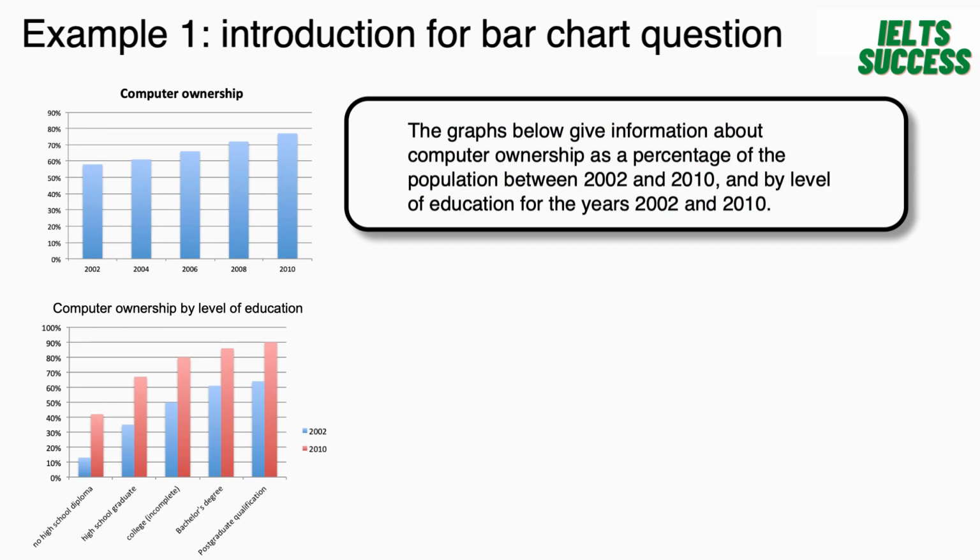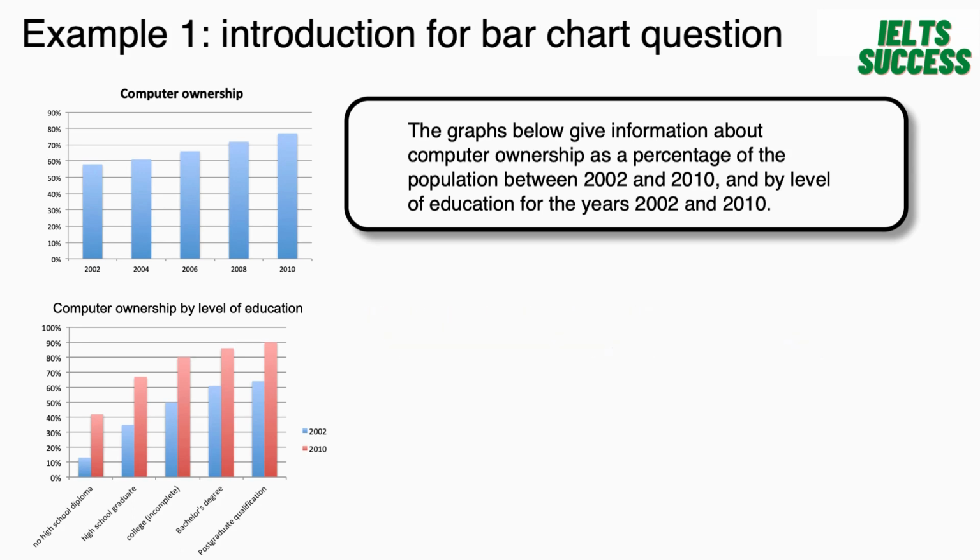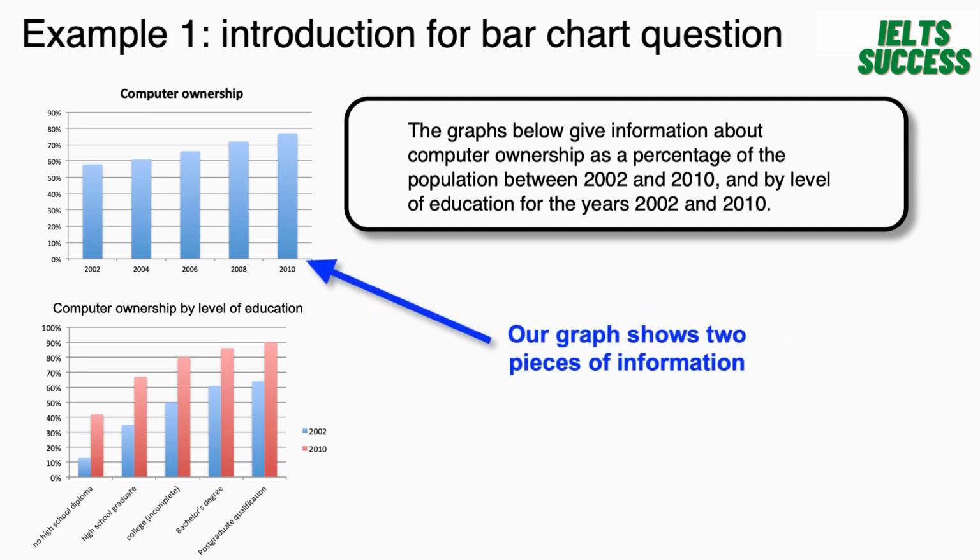Alright, remember our ideal introduction formula. Write what your graph shows and for what period of time. In this case, the graph shows 2 pieces of information. A. Information about computer ownership as a percentage of the population. And B. Information about computer ownership by level of education.